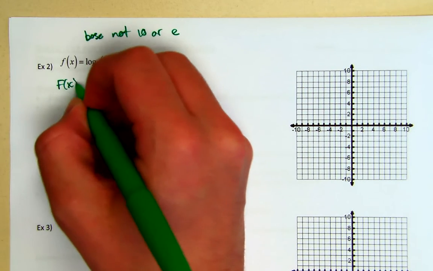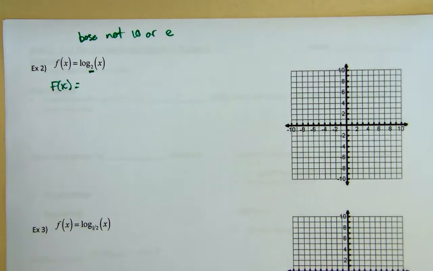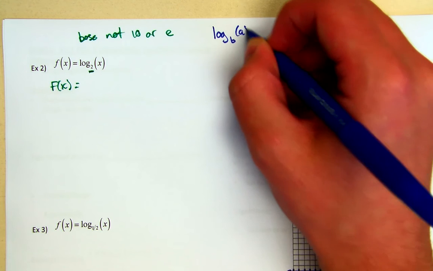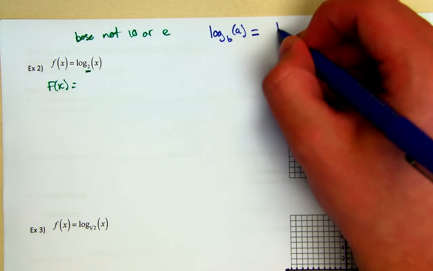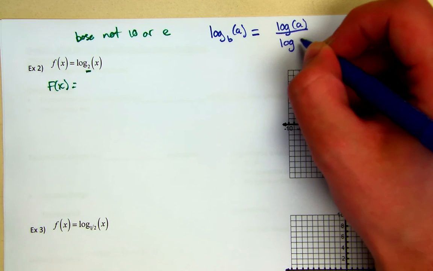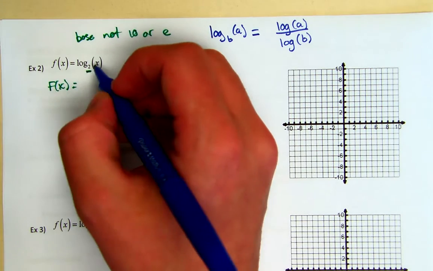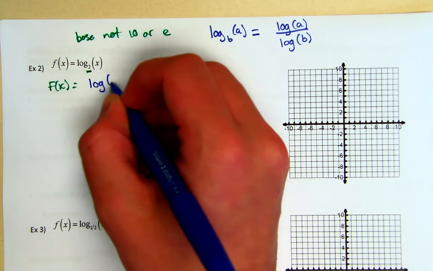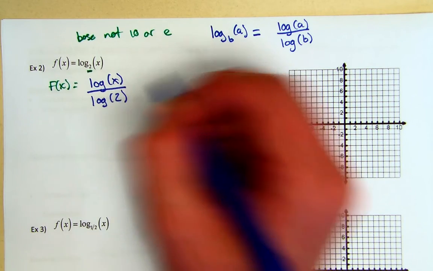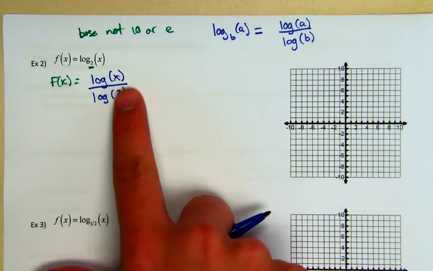So f of x equals, well remember, if we need to change something, log b of a becomes log of the inside over log of the base. And that's how we change it. So we need log of x over log of the base, which is 2. And that's exactly how you'd enter this in your calculator.